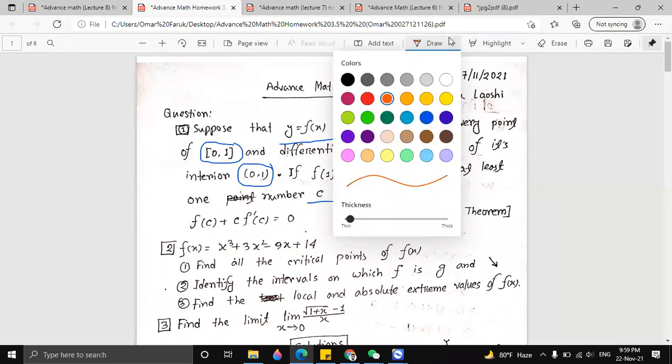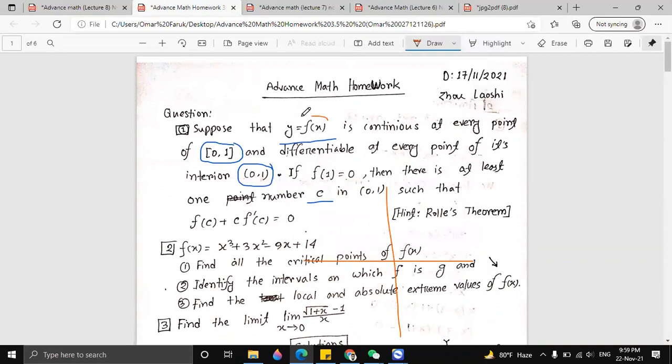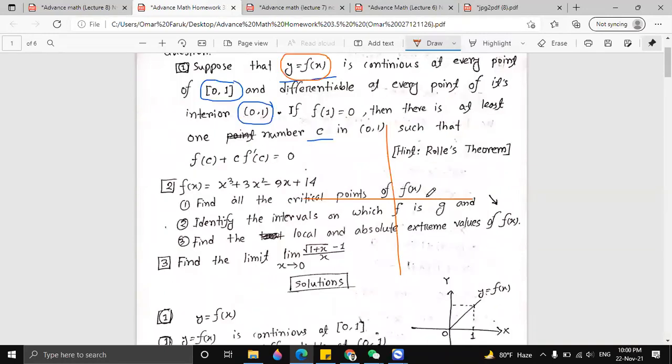So this is very simple. For example, this is a graph, and our function is y equals f of x. If x is 1, y will also be 1. If x is 2, y will also be 2, right? So our point is like this, and the function is increasing this way, going through the point (0, 0).